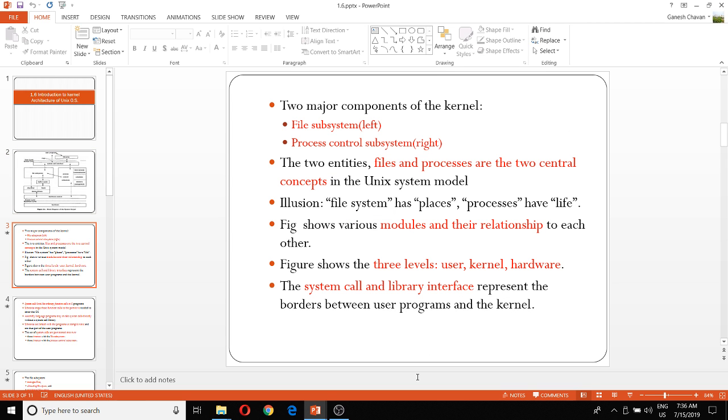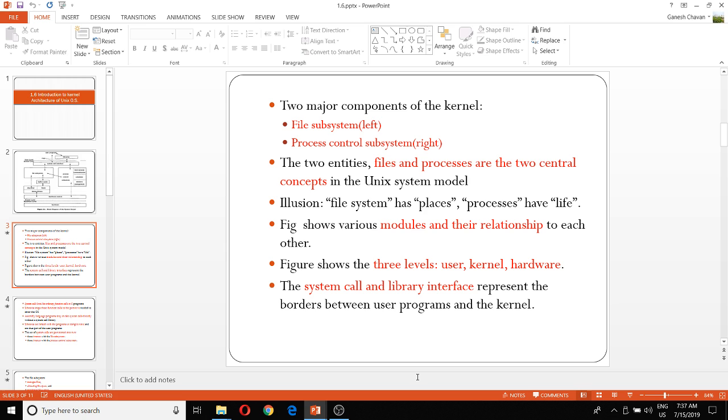Two major components of the kernel are file subsystem and process control subsystem. The two entities, files and processes, are the two central concepts in Unix model. The basic illusion is that file system has places while processes have life.